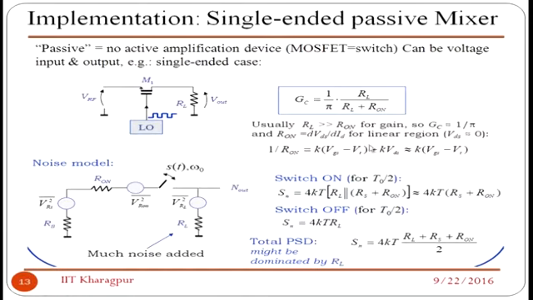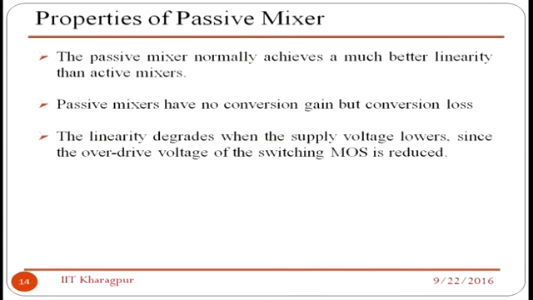So this is switch on and switch off. The total power spectral density is a combination of RL, RS and R on divided by 2, where R on is the on resistance of these transistors. It is a simple resistive model: 4kT RS, 4kT RL, 4kT R on. The difference is when the switch is on and when it is off. Okay, simple. That is the passive mixing.